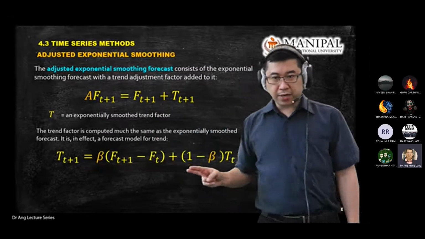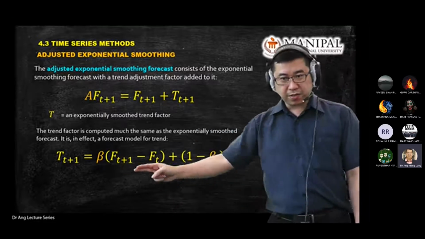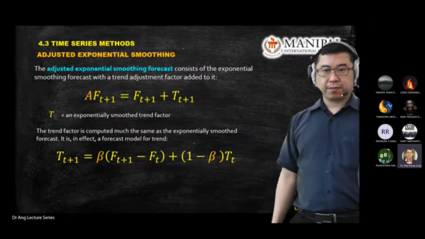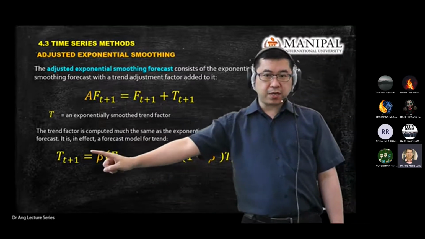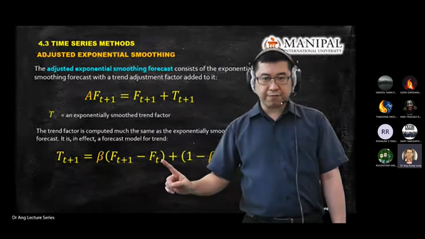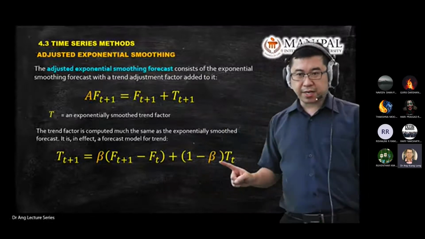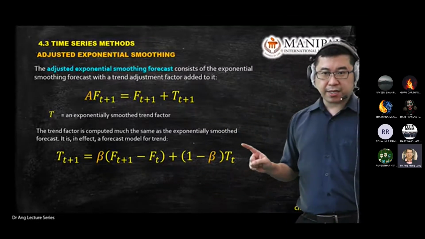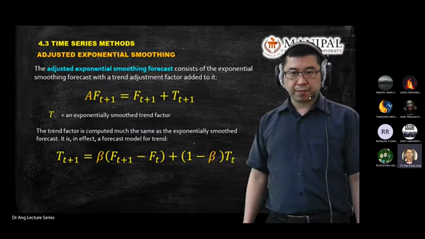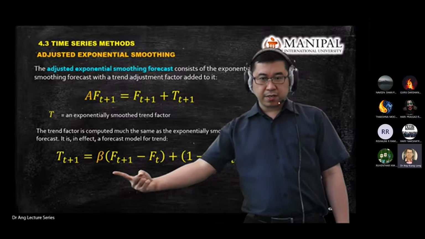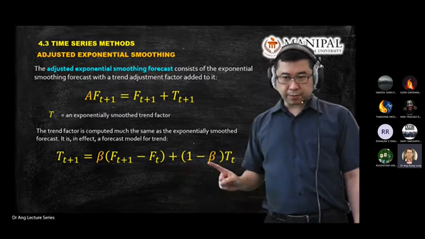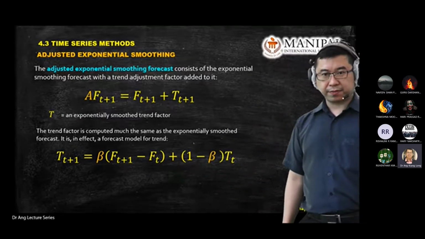There's an equation to calculate the trend factor, a long equation. T plus 1 equals beta times (F t plus 1 minus F t) plus another component, (1 minus beta) times T t. It is the trend factor. This part is the forecast value, and this one is the trend factor.